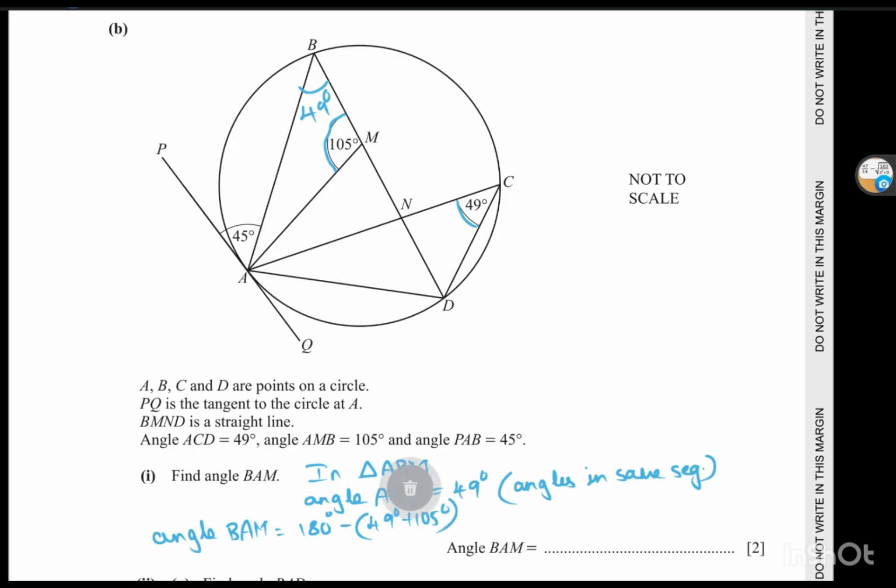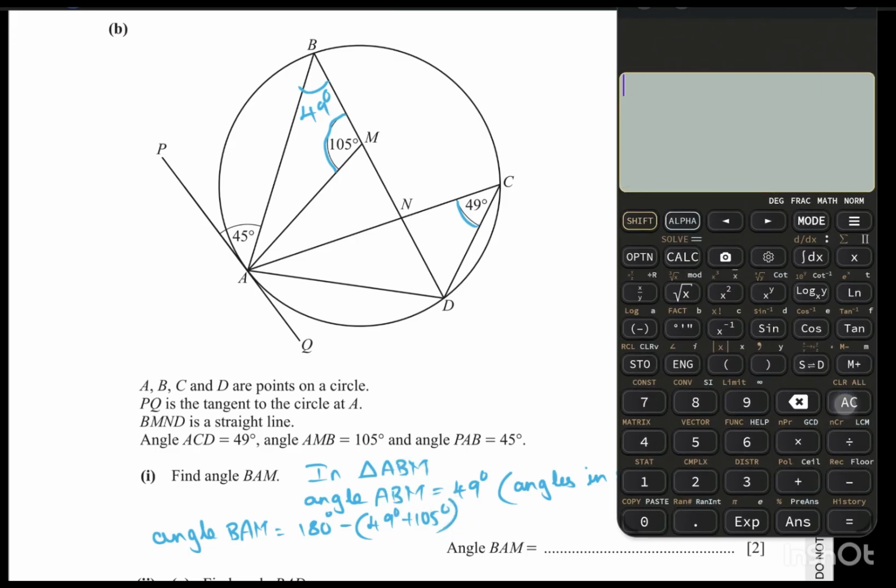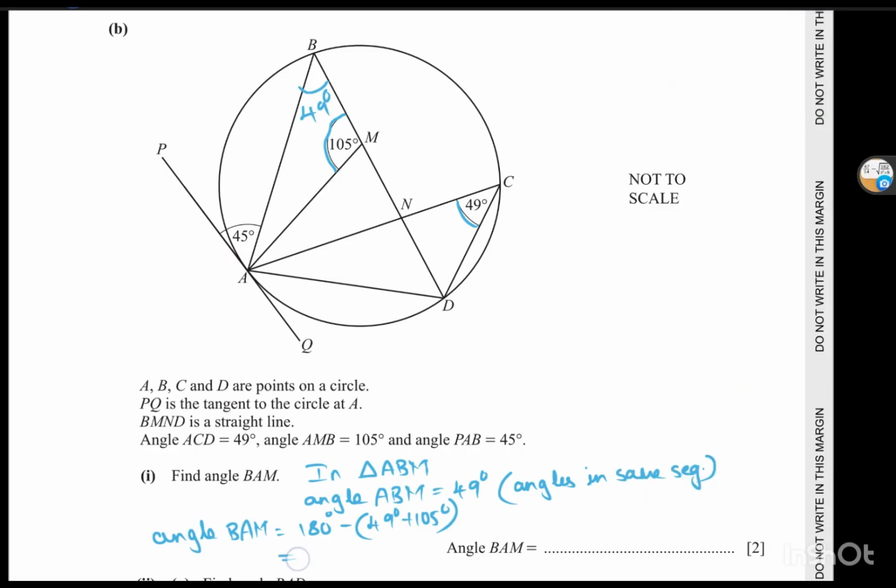Just use the calculator. 180 minus (49 plus 105) is equal to 26. So that means angle BAM is 26. Question number B1 is done.